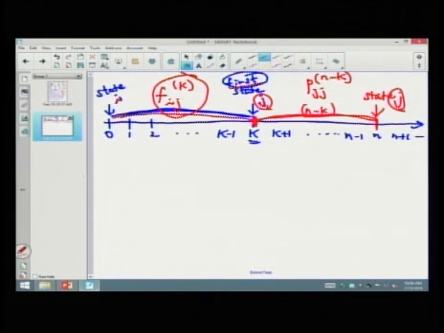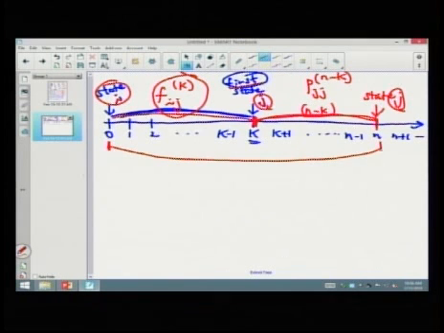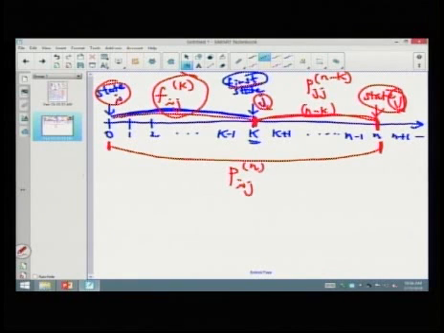And then let's think in this way. What is this? Starting from state i, right here, after n steps, which is, again, right here, the system is in state j. What is this? That's going to be P sub ij to the nth power. Does that make sense? Is that right?